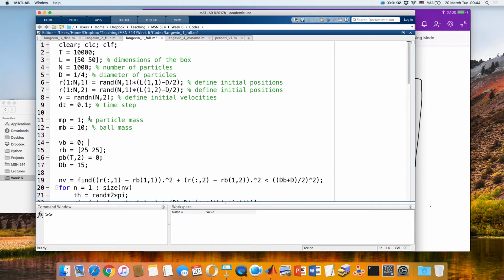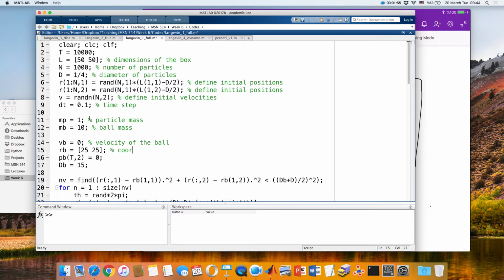Does it make sense? In the earlier example, didn't we give mass to the particles? Yeah, we gave 1. We set everything to 1. Do you remember? I forgot. Okay, so this is the velocity of the ball. So there will be just one ball.